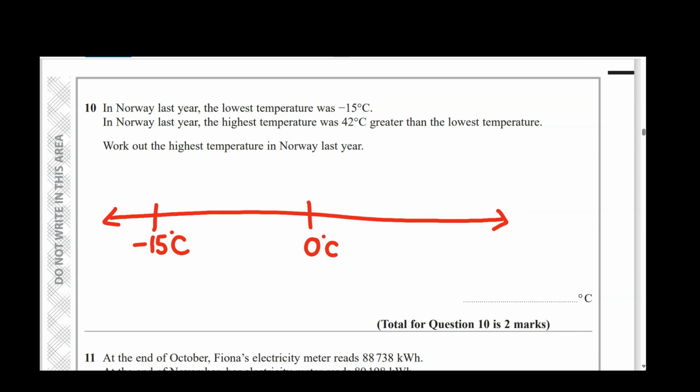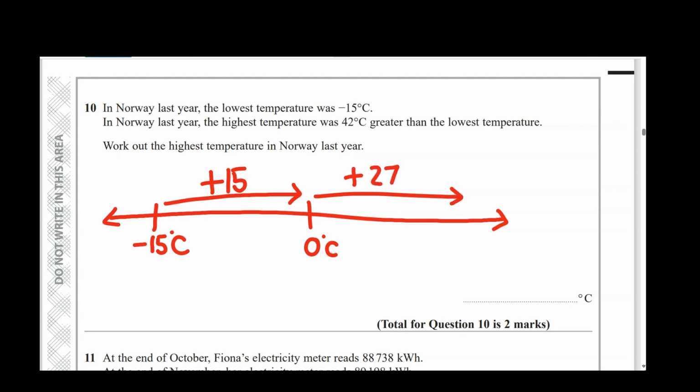So if I add on 15 here, that will get me to 0. And then I've still got to add on a little bit more. So let's just do 42, take away 10 is 32, take away 5 is 27. Okay, so I'm going to have to add on another 27 degrees here.